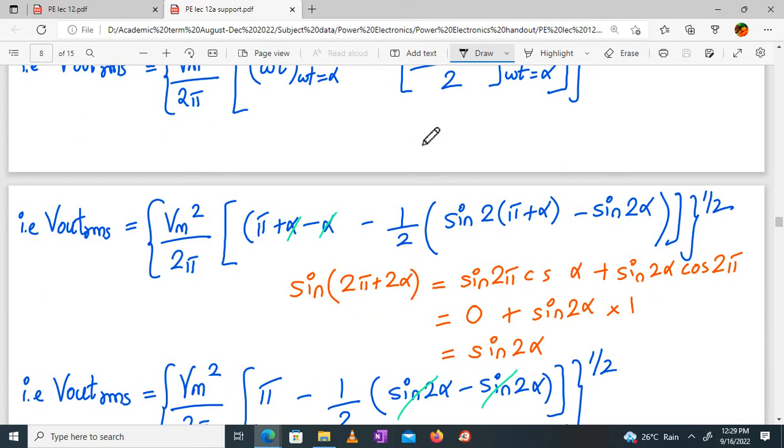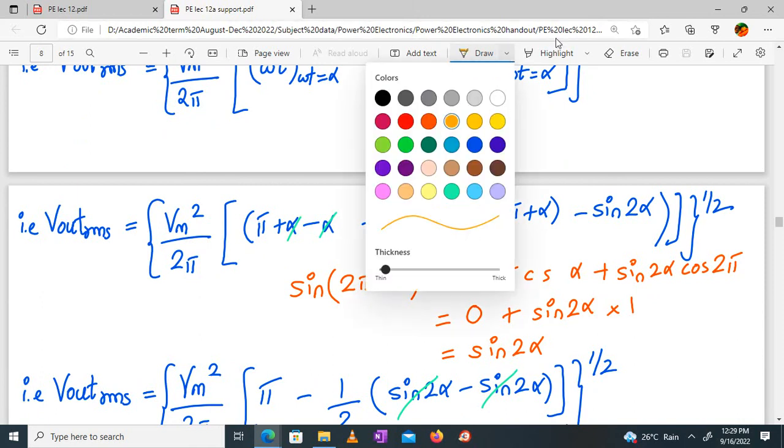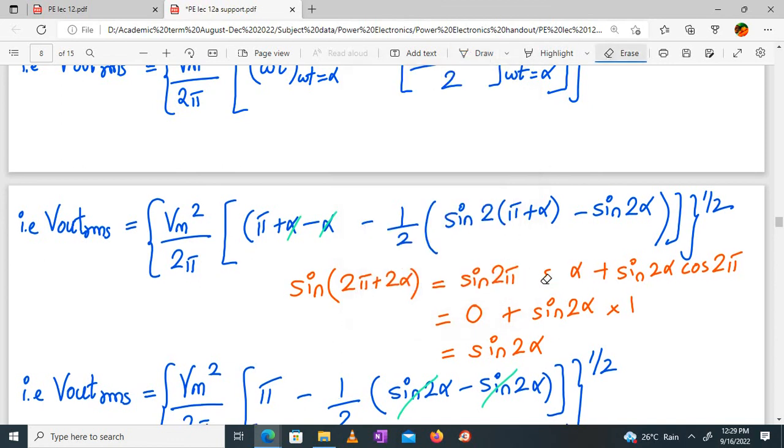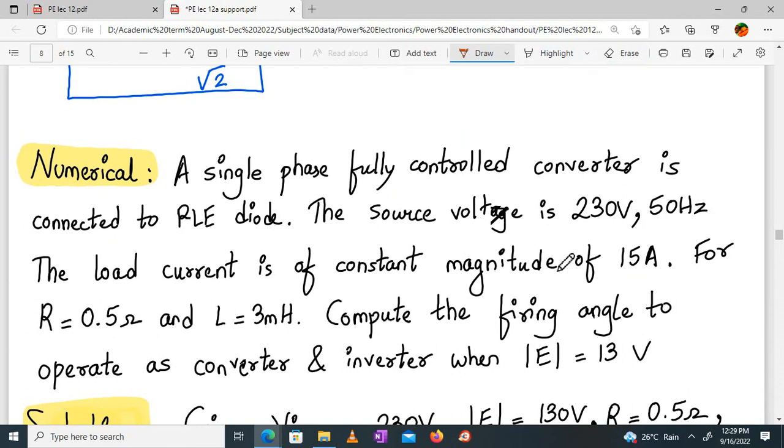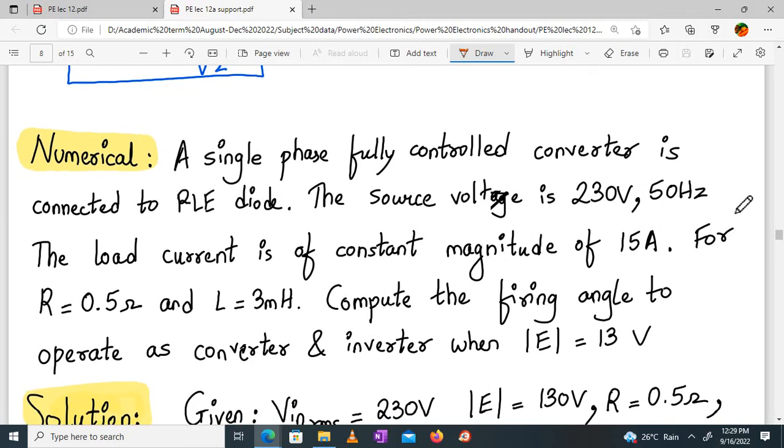There is a small mistake here too. This is cos, right? Yes, now it is fine. Write down the numerical fast. Quickly. This numerical, and that's it then.